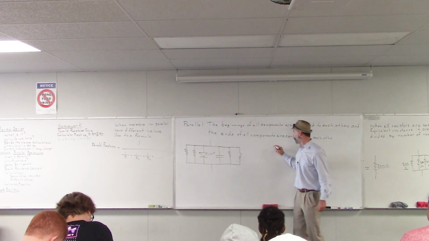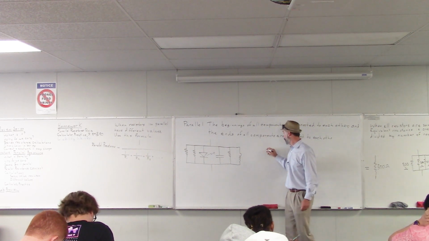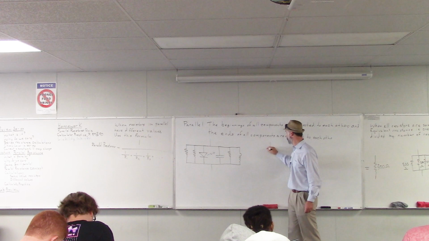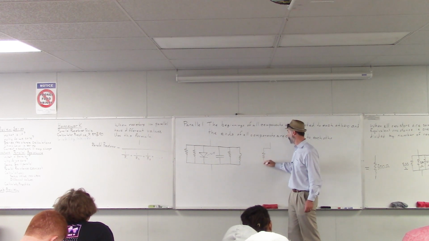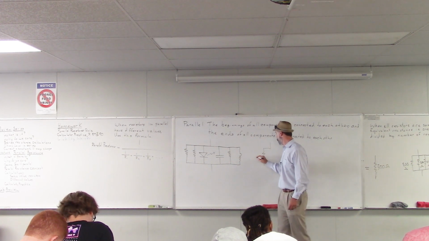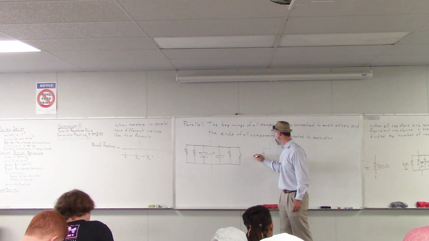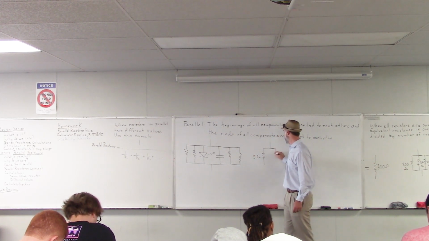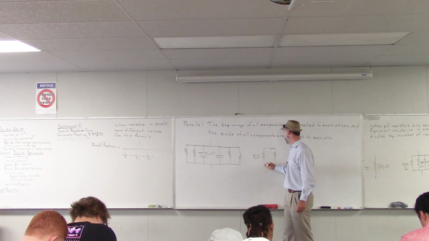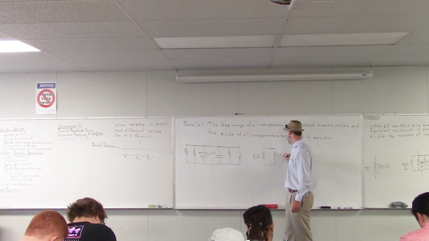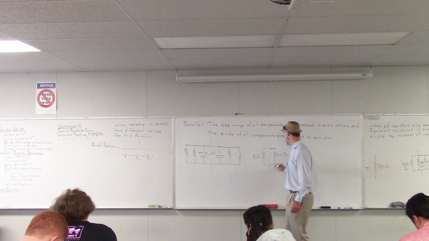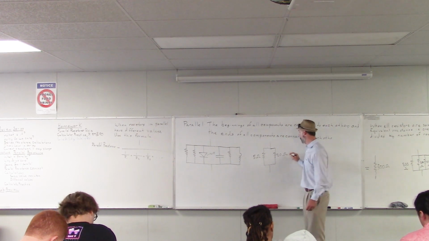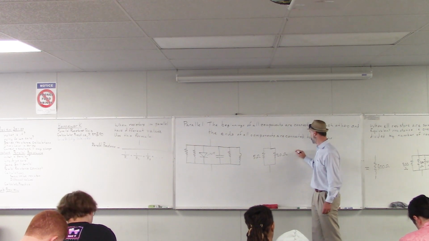So let's say that we have a circuit like this. We've got 5 ohms in parallel with 20 ohms. And we want to find the equivalent resistance.